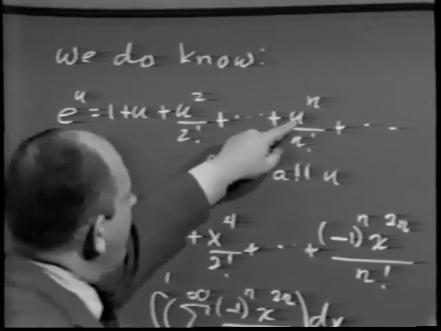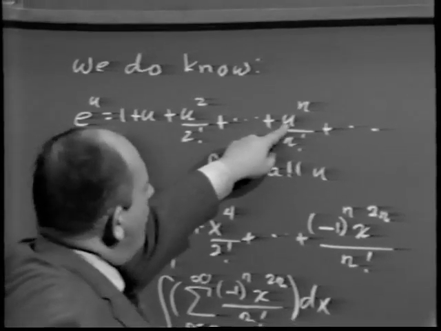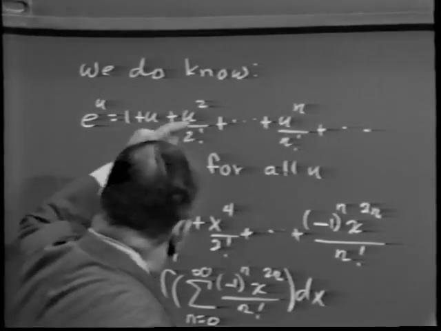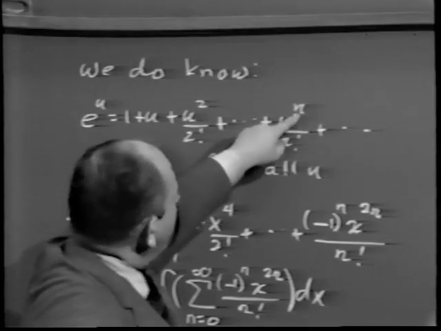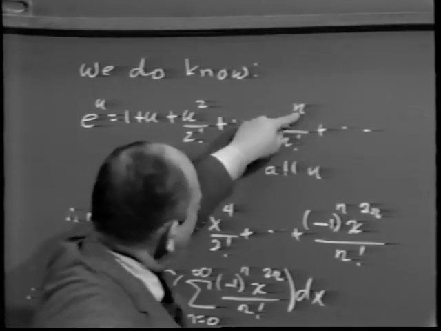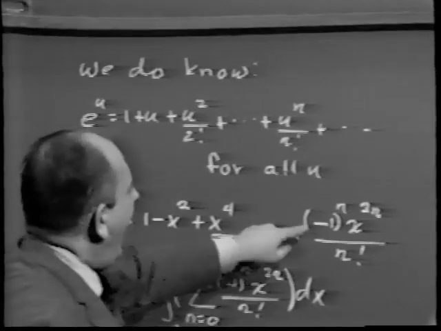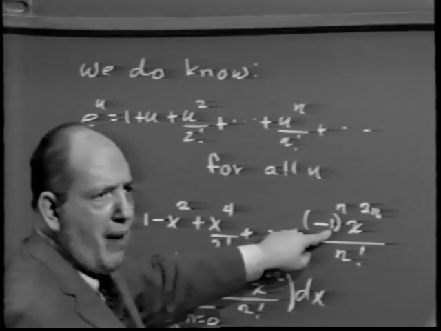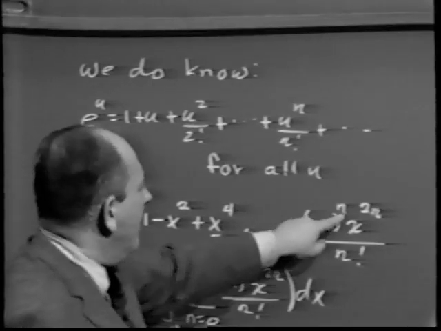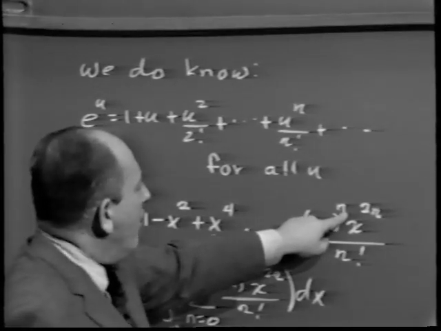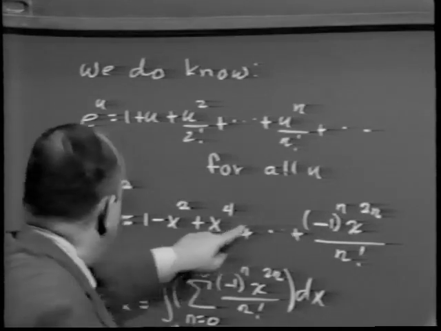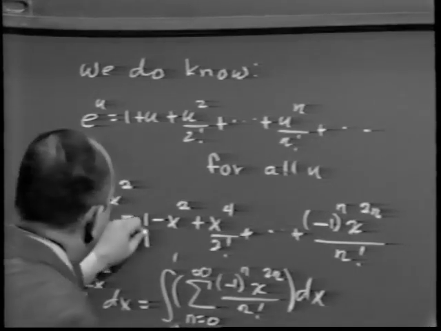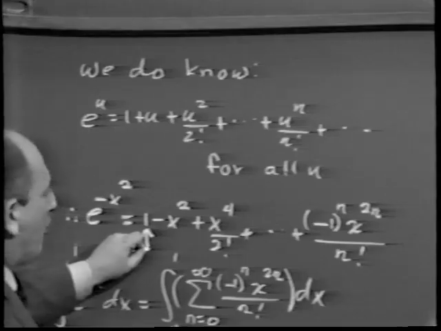And in general, when I replace u by minus x squared, this becomes plus or minus x to the 2n over n factorial. To handle the plus or minus, I simply put in my sign alternator, that's minus 1 to the nth power. The reason I use n here rather than n plus 1 is to keep in mind that in power series, this is called the 0th term.